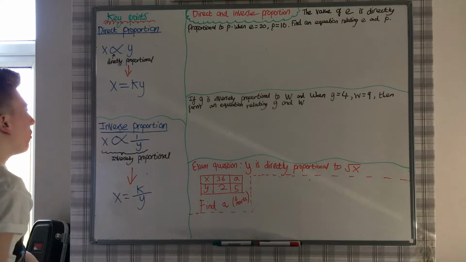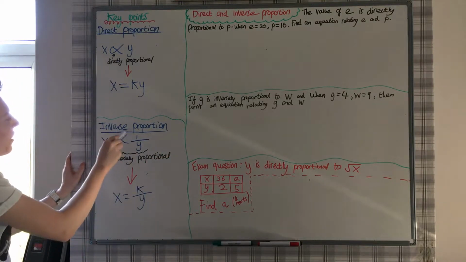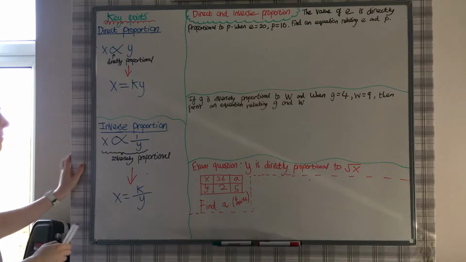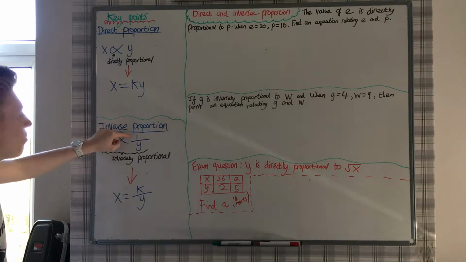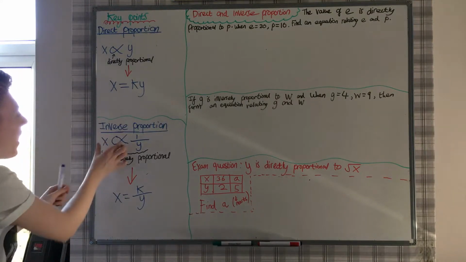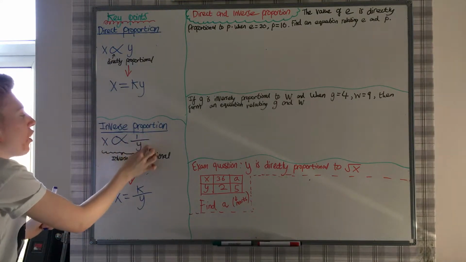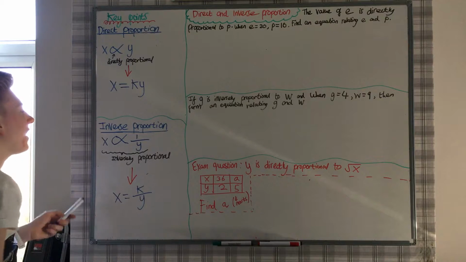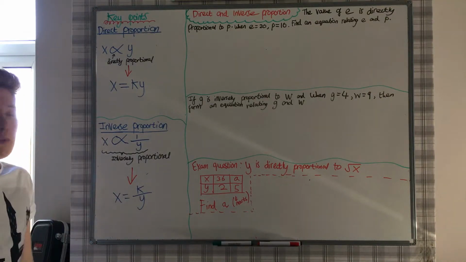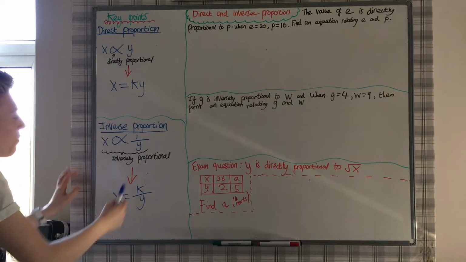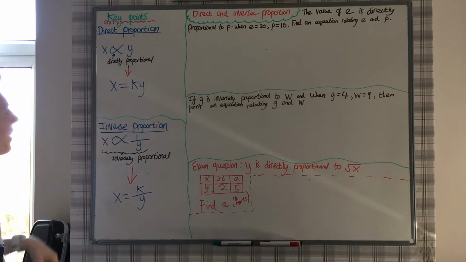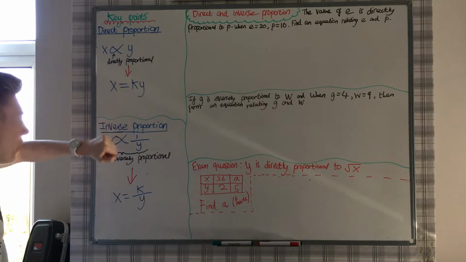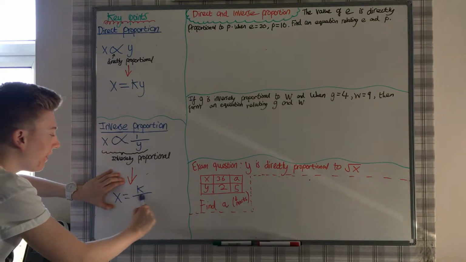For inverse proportion, we still use this sign for direct proportion, although we write the right hand side of the equation as 1 divided by y. So x is directly proportional to 1 over y, which is the same thing as saying x is inversely proportional to y. And with this, we can write this as an equality, but we do it slightly differently. Rather than x equals ky, x equals k divided by y.